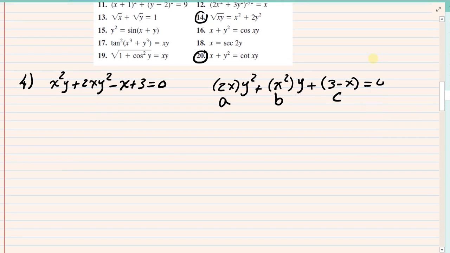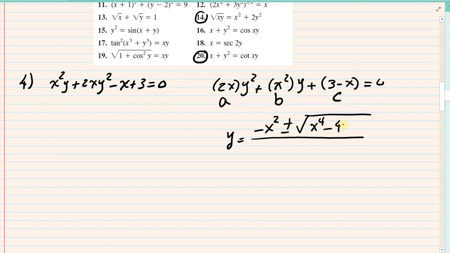I'm going to see this as a quadratic formula in y. So the solution for y is negative b, so that's negative x squared, plus or minus the square root of b squared, which is x to the 4th, minus 4 times a times c, divided by 2 times a.